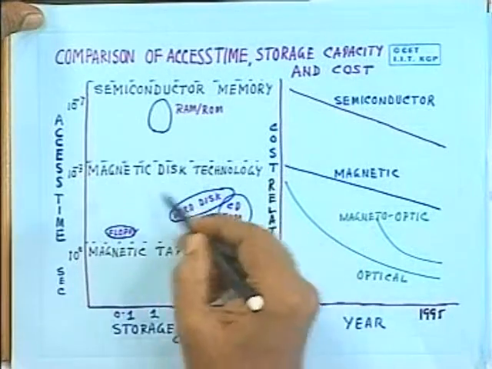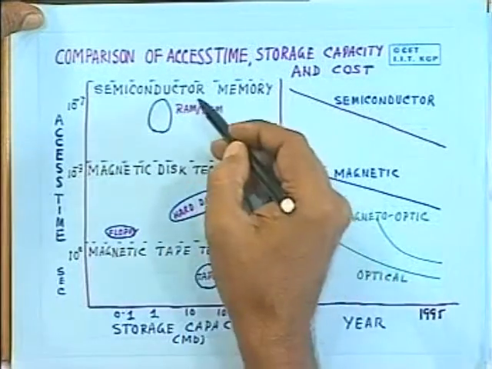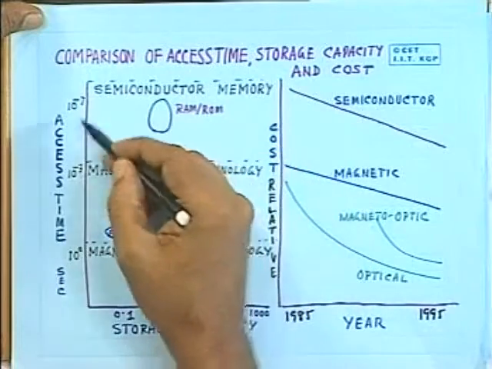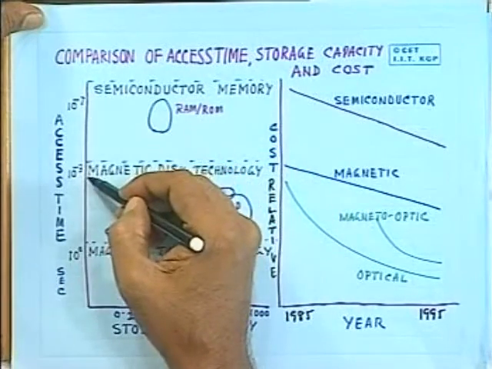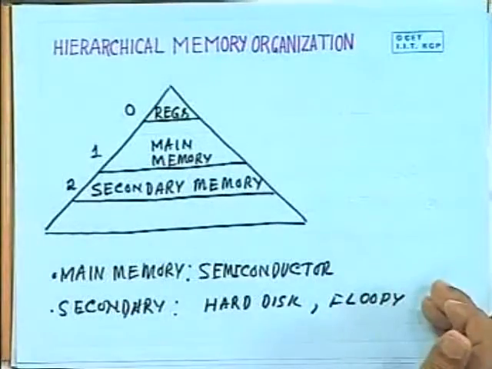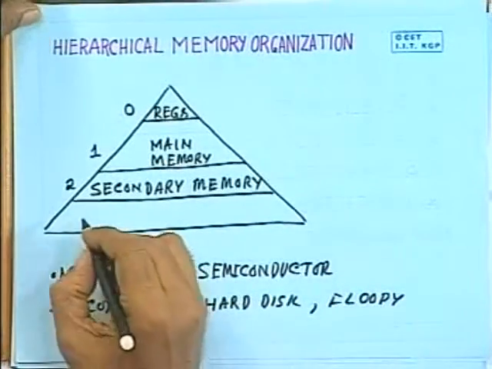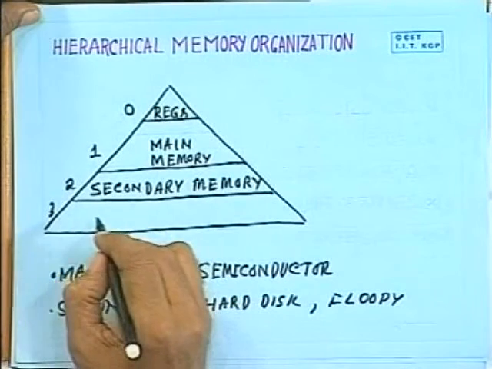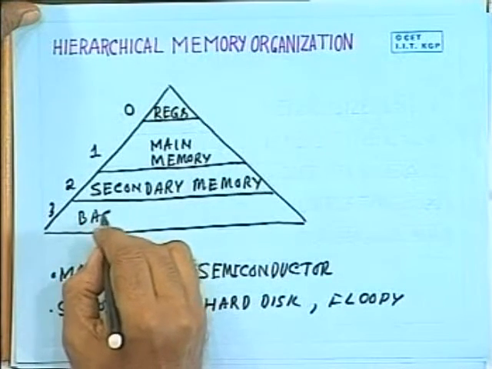Obviously, this is relatively slower, about 3 to 4 orders of magnitude slower than the semiconductor memory devices. Finally, at the 4th level comes the backup memory.